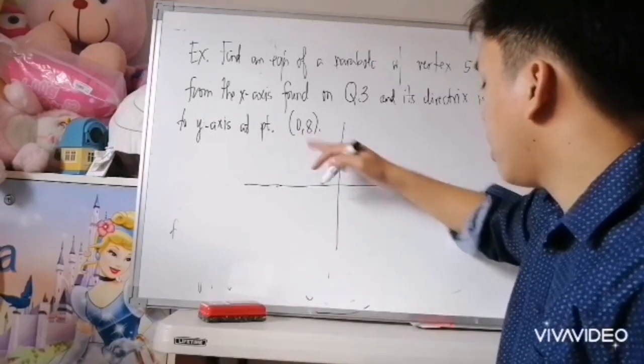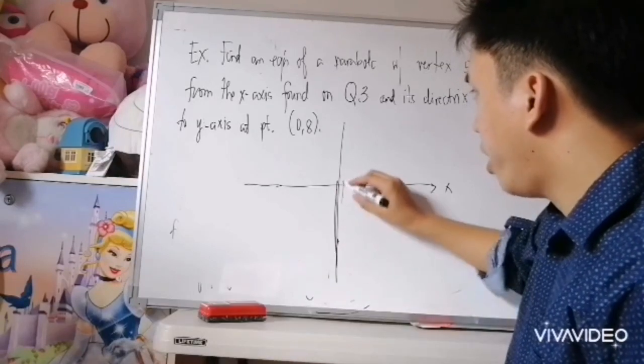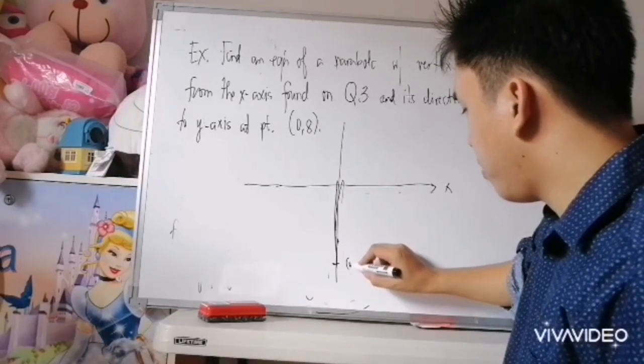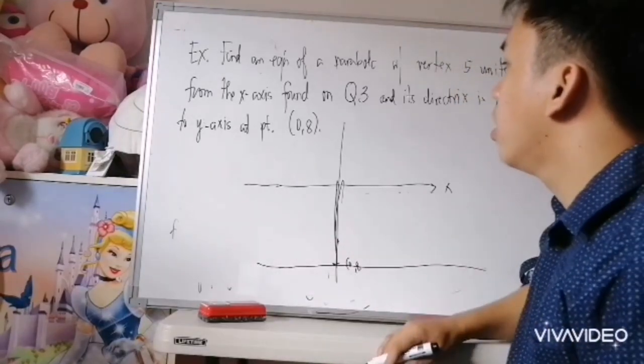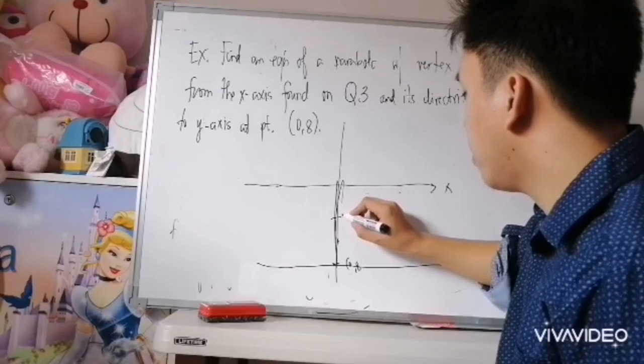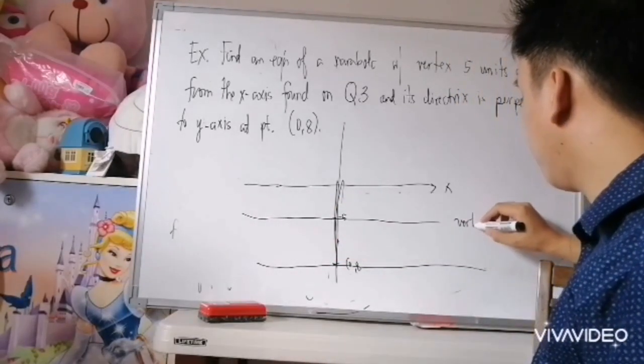Your directrix is perpendicular to the y-axis at (0, 8). So somewhere here is (0, 8), and this is your directrix. Somewhere here is 5 units, so somewhere here is your vertex.